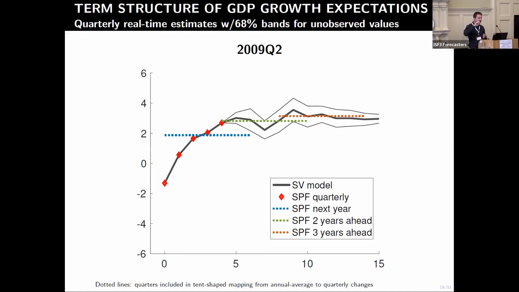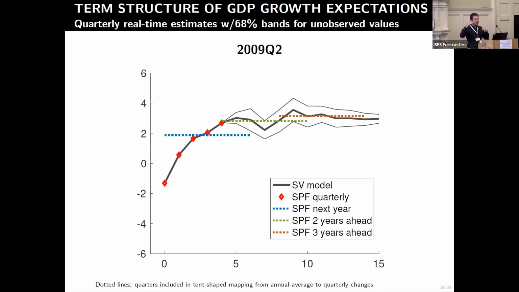Okay, and then the gray line that is labeled as SV model goes through these points by construction. And then the annualized quarterly growth rates you can see, and the corresponding bands you can see after the last horizon for which there is an SPF point forecast.